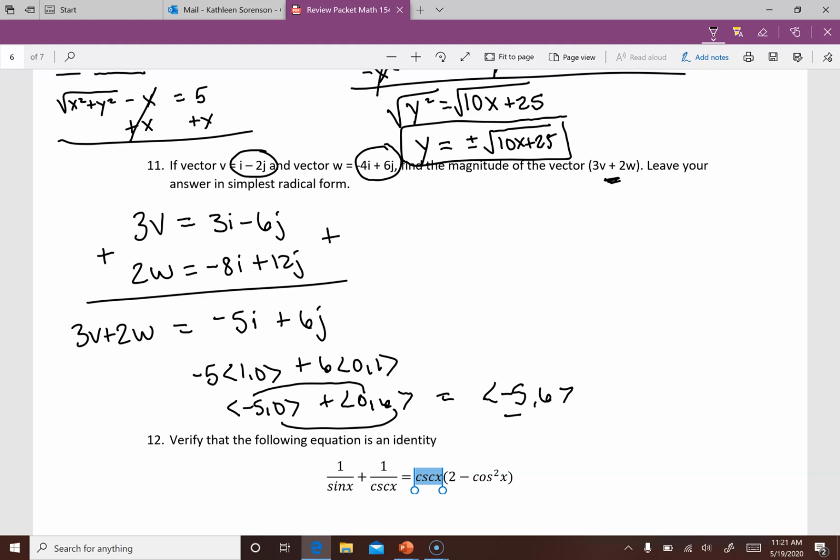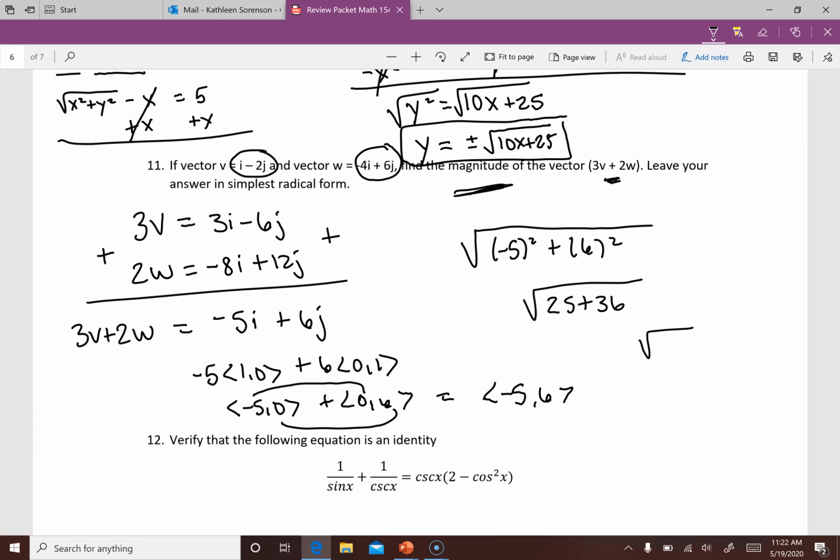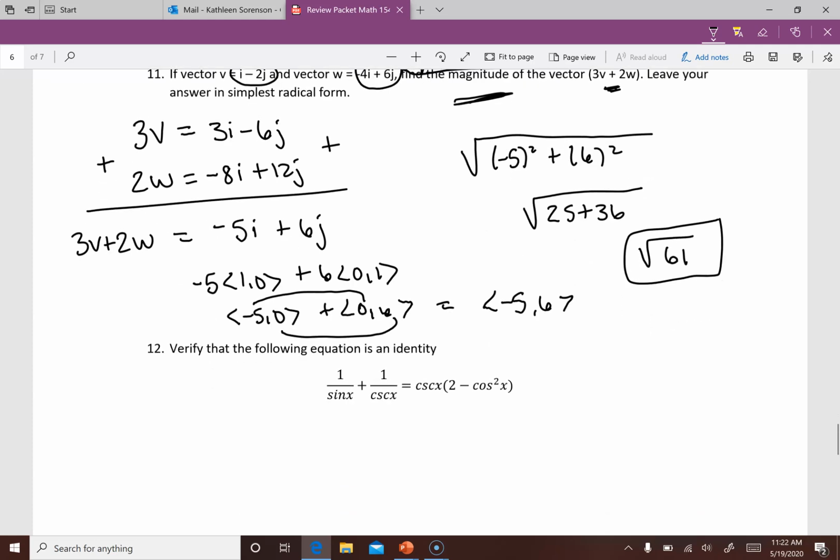Of course, magnitude means the length, and the length of that is just going to be the Pythagorean theorem of the two legs of the right triangle, our horizontal components. So I just have to take those two numbers and plug them in, and I get 25 plus 36, and that's going to give me 61, or the square root of 61. That's it for that, folks.